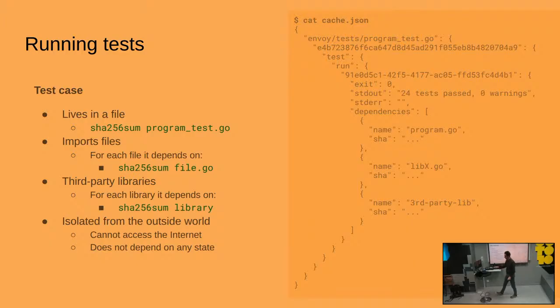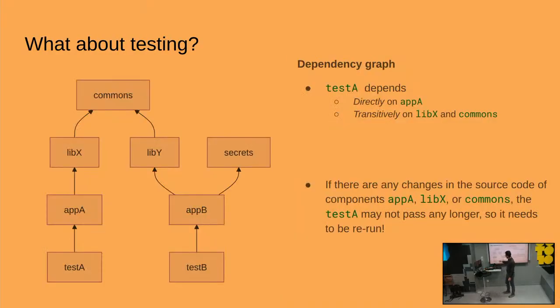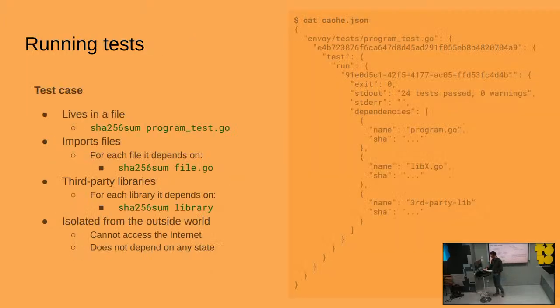So if we look at the dependency graph, we need to preserve the SHA of app A, libx, and commons, because if any of them change, potentially the behavior of test A might also be different, because it depends on the code defined in those modules. So we need to transitively get all SHAs of all files that are dependencies of test A.